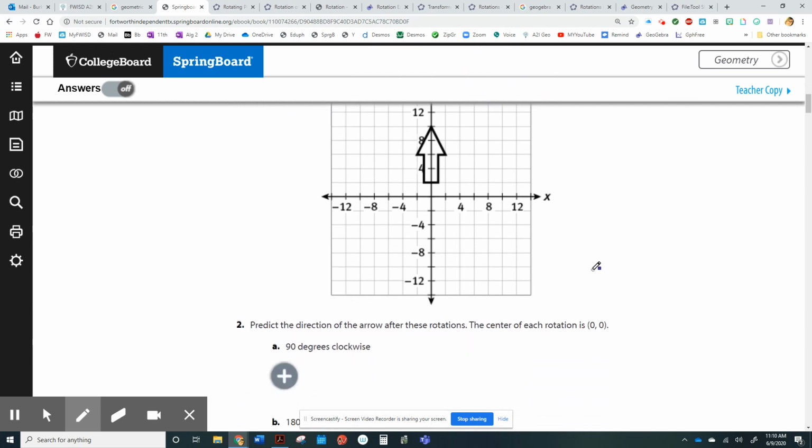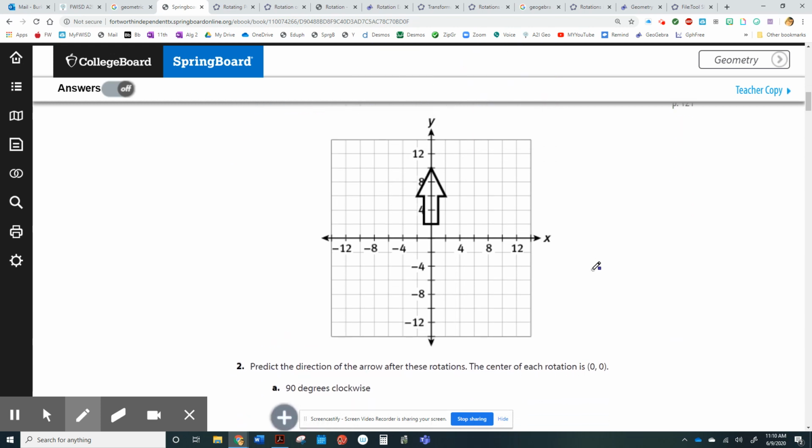In this one right here, it says predict the direction of the arrow after these rotations. So 90 degrees clockwise. We know clockwise goes like this, the same direction as a clock. Counterclockwise goes like this, the opposite direction of the clock.